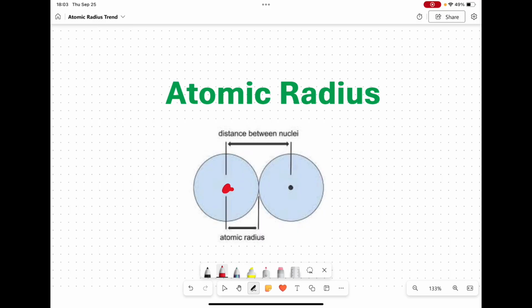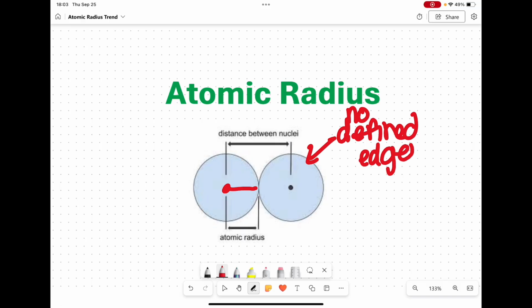And the reason it is half that distance is because atoms don't really have a defined edge. The electron cloud is just an area where electrons hang out, but the electrons are always moving. So there's no definite stopping point because electrons aren't always in the same place.